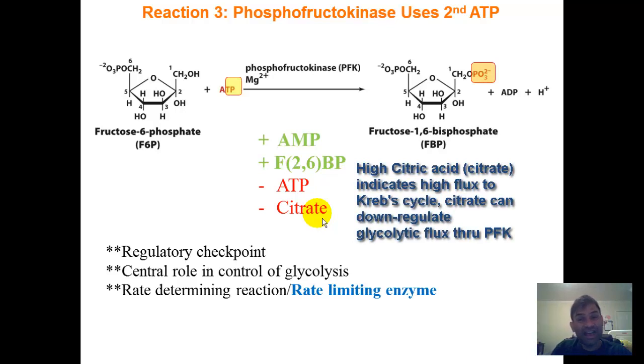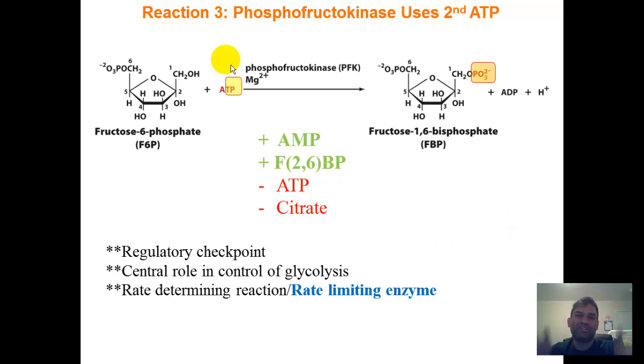And if the citric acid cycle flux is high, that means some of the citrate can then come out, go into the PFK allosteric site, and lower flux through glycolysis. Why? Because the citric acid cycle is on, everything is really moving along. You want to slow down the flux here. It's sort of a way to calm down the enzyme.